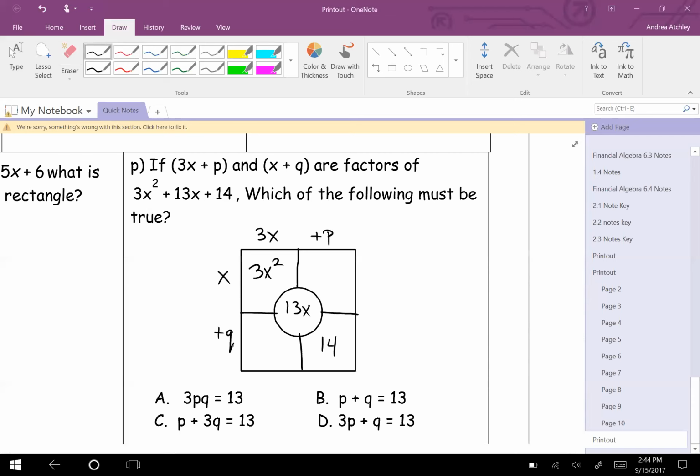We want to check to see if this is actually a true statement. When we check, we multiply the p times the x and get px. When we check here, we multiply the 3x times the q and get 3qx. Now, how do I know if this is correct?